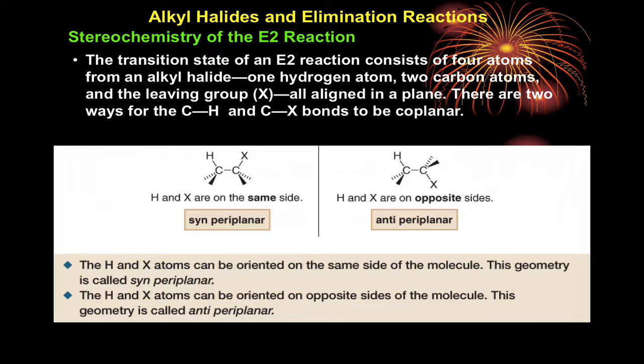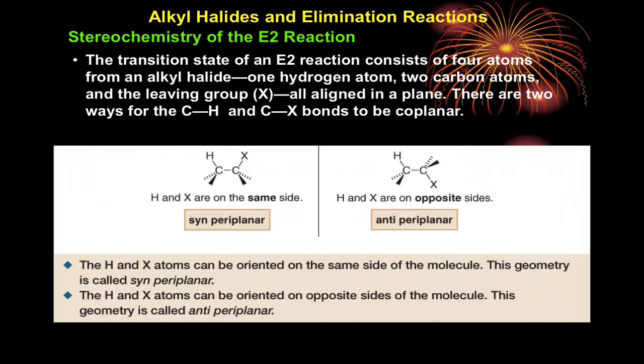Now we know that in the E2 reaction, we have to have the hydrogen and the halogen trans to one another, as you've been calling it up to this point, but actually that's called antiperiplanar. The hydrogen and the halogen are in the same plane of the board right now, but they are anti to one another.